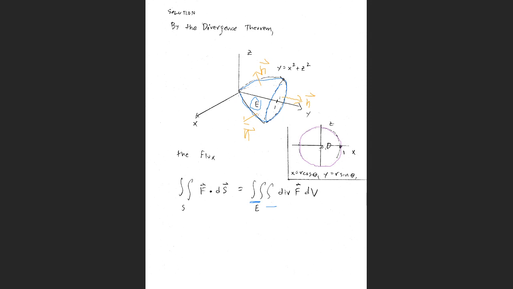And here, x equals r cosine theta. And actually, I should have here not y equals r sine theta, but z equals r sine theta, right? It's just writing things down kind of as I know them.